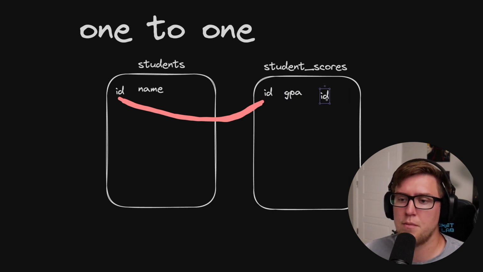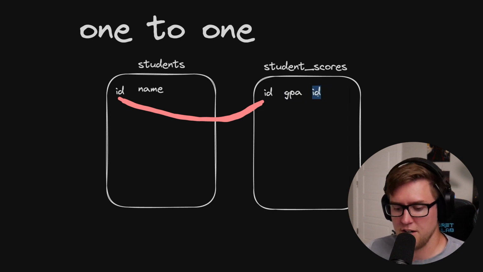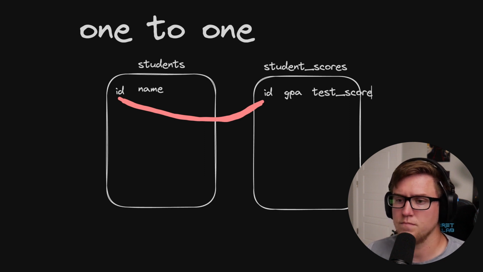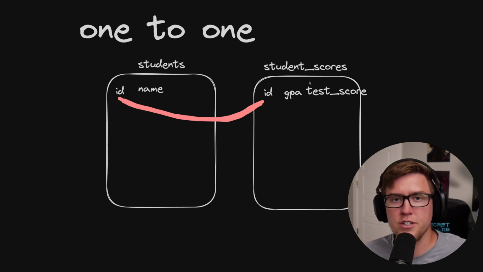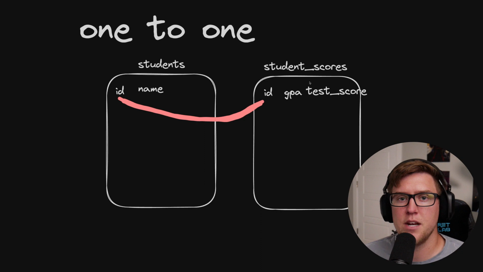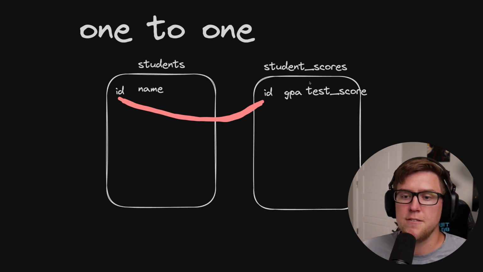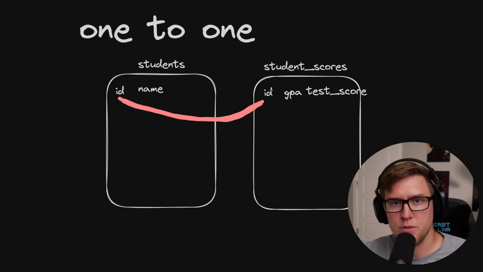It would give us some flexibility. Maybe we have some other data in here, like a test score, that we'd want to add as another field on this table. So one-to-one relationships, generally speaking, are just a field on the same database table, but it might be a one-to-one mapping of primary keys between two tables.